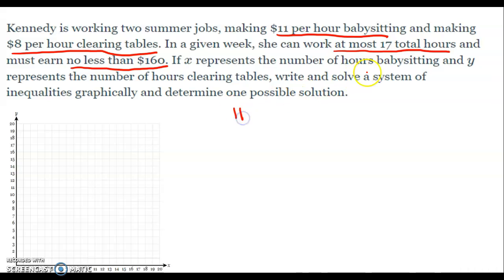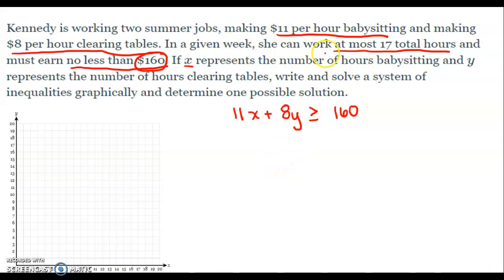So $11 per hour babysitting, that's going to be the X, plus the $8 per hour clearing tables, right? Money. Now I'm looking for my other money. It's 160 here. And she has to earn no less than $160. So the inequality that goes here is greater than or equal to.